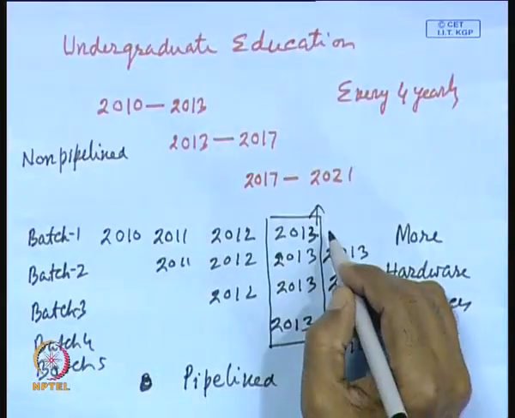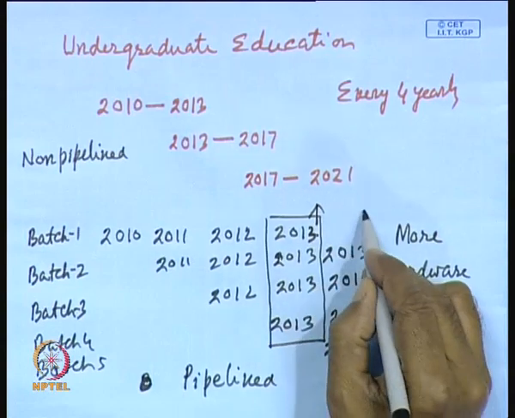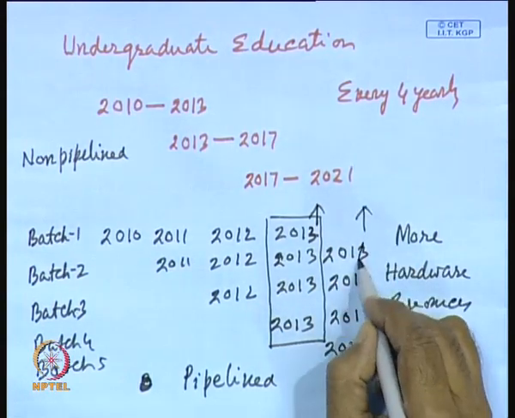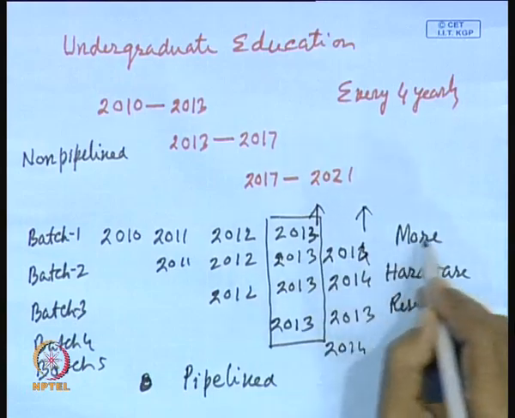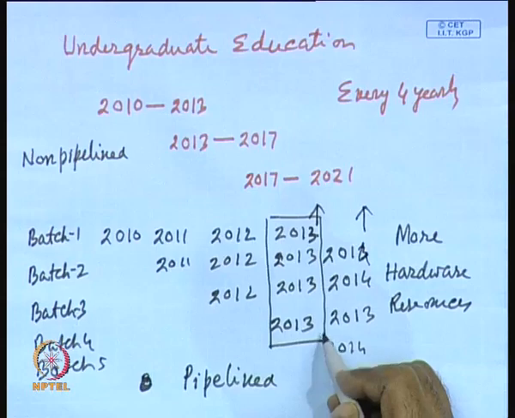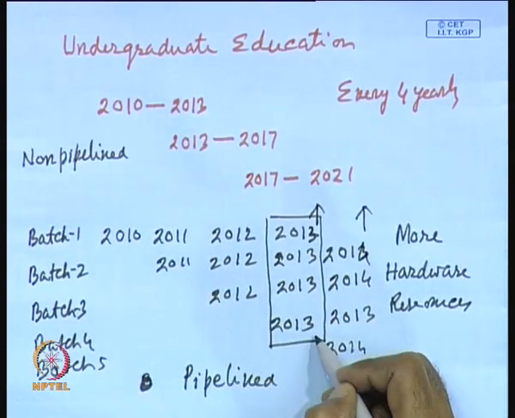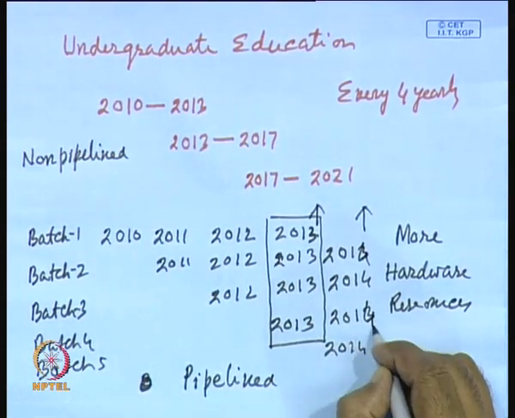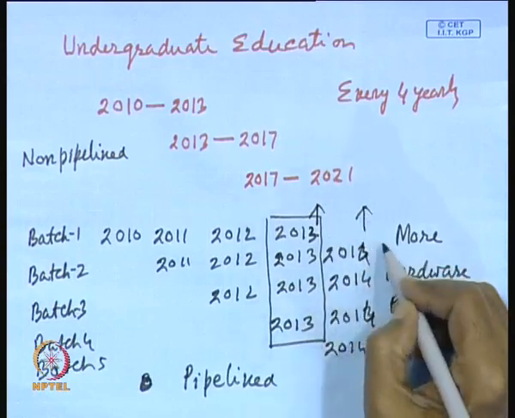But the advantage is every year one batch will pass out. That means after the initial entry, every year one batch will pass out. Here the throughput is one batch per year.